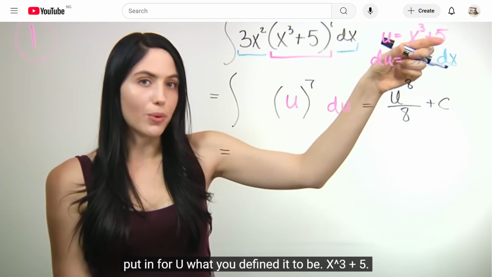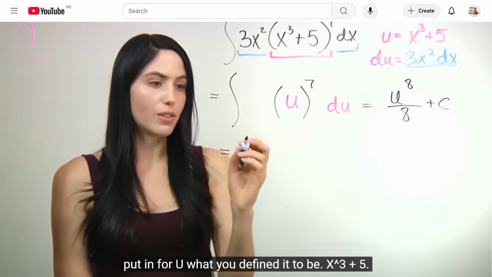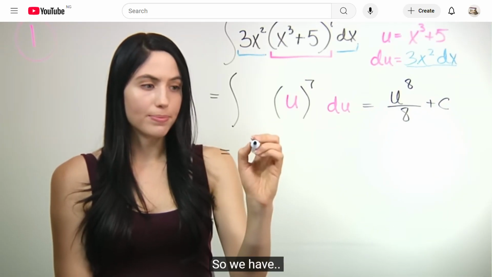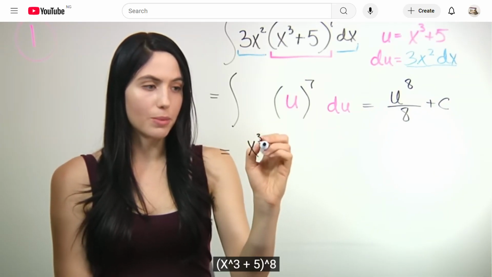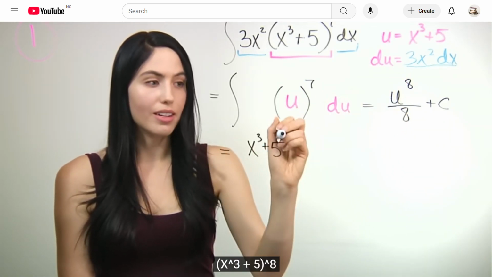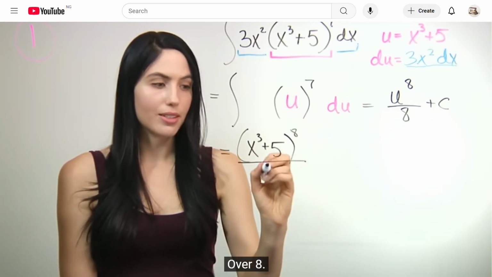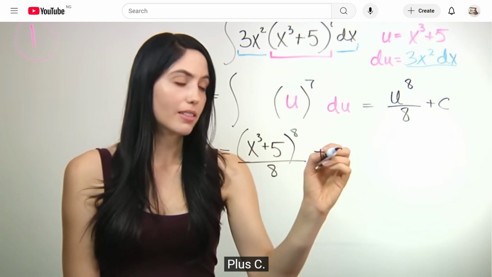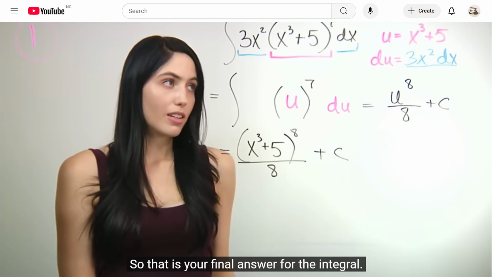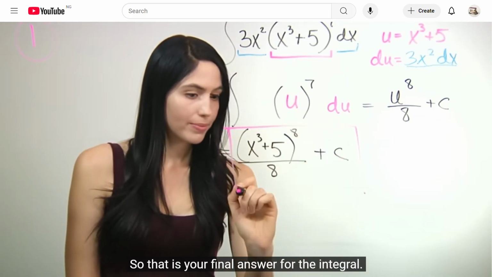Put in for u what you defined it to be, x cubed plus 5. So we have x cubed plus 5 to the 8th power, it's all to the 8th power over 8 plus c. So that is your final answer for the integral.